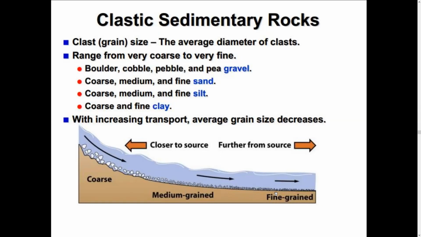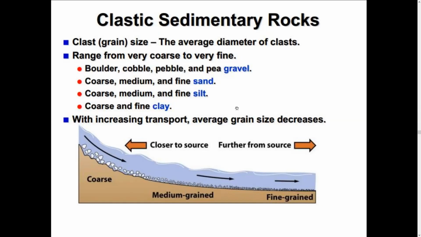For example, if you go to Swakopmund, the sand at the sea is pretty fine compared to boulders that you are likely to find at a mountain base. So it now means with increasing transport, the average grain size decreases, right?